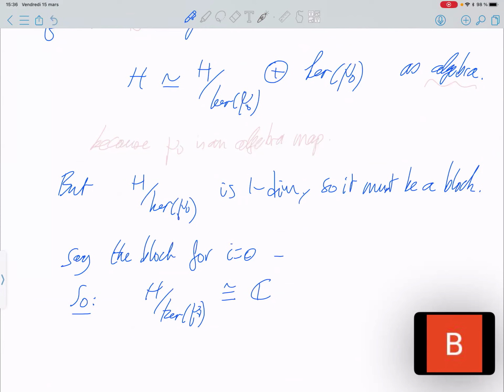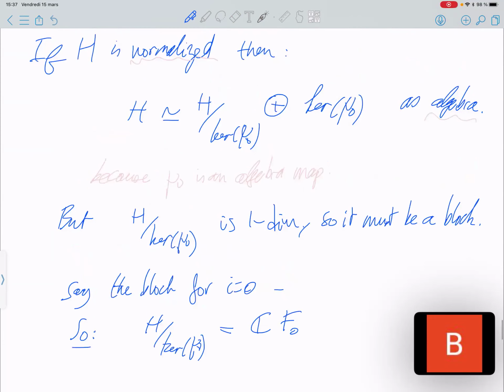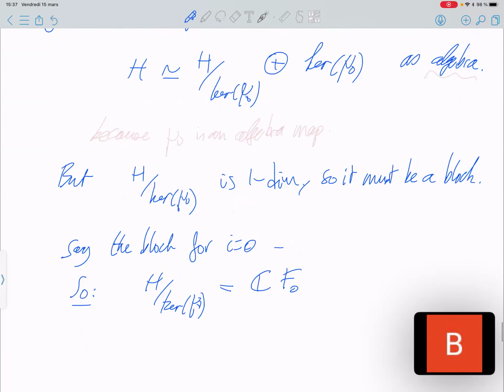It's an isomorphism, but we identify. So I will write equal F0, because it's one-dimensional, and F0 is the identity of this one-dimensional space. Okay, the central idempotent. So F0 is a central primitive idempotent as above.